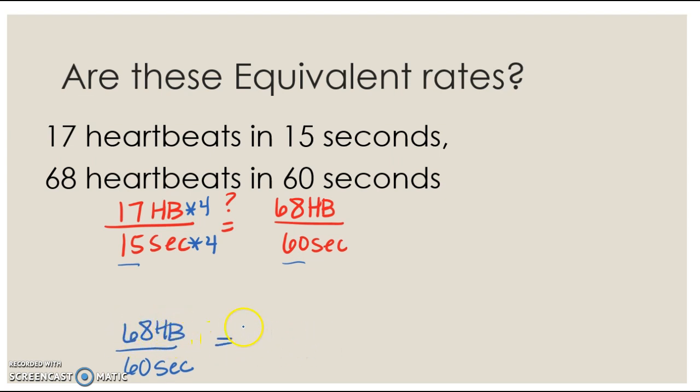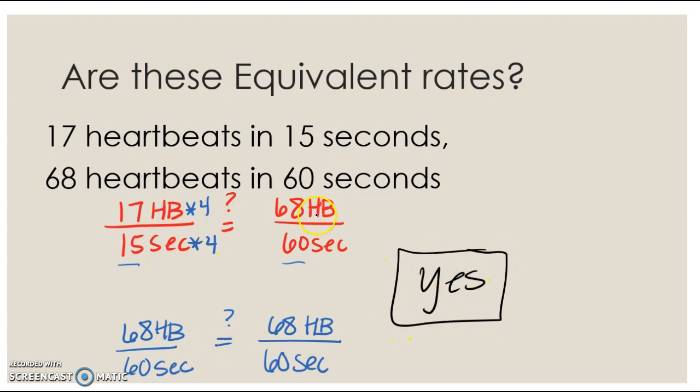We did not have to change our second rate, because we were already given the 60 seconds. So I decided to make my denominators equivalent here to compare. Since we have the exact same rate on either side, yes, these 2 are equivalent.